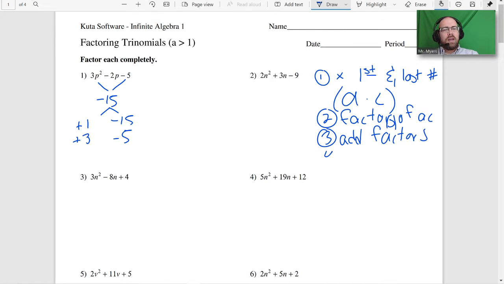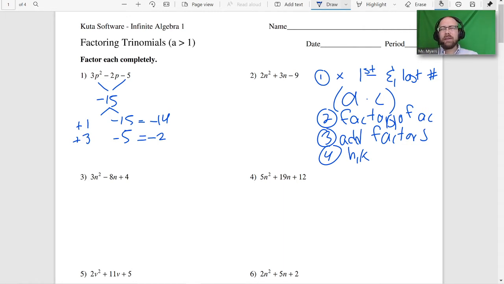Then step 4 is basically a selection process. So that's negative 14, that's negative 2. We want the factors that add to the middle number. Let's call them h and k. This is what I like to call the factors.